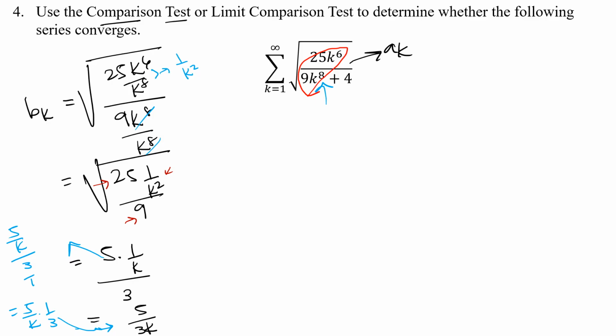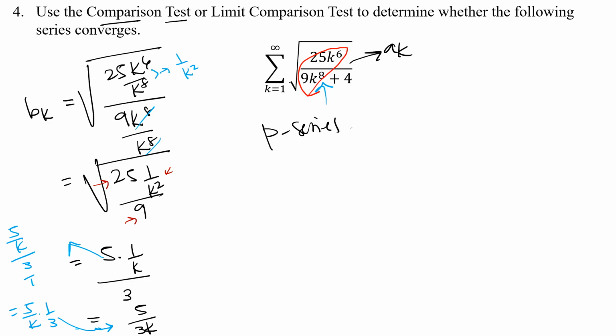All right, so now using our p series again, we can see that we have just a 3 to the k power in the bottom.